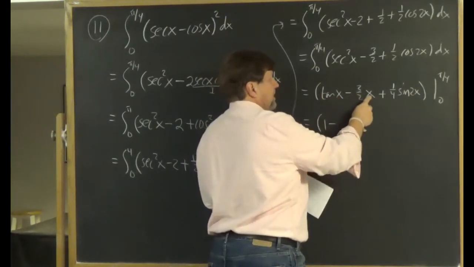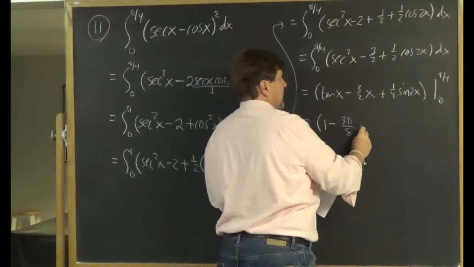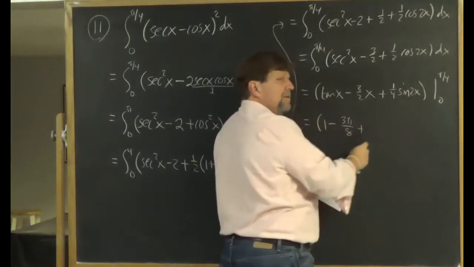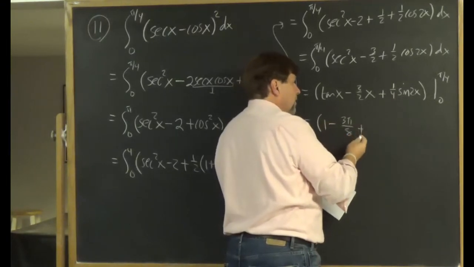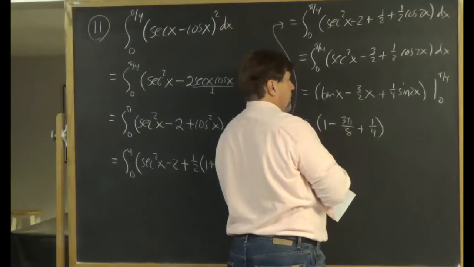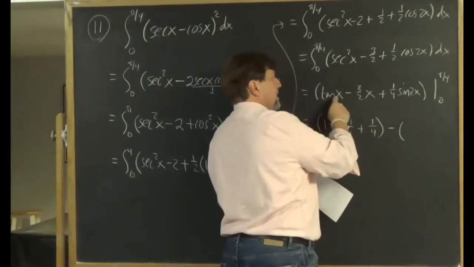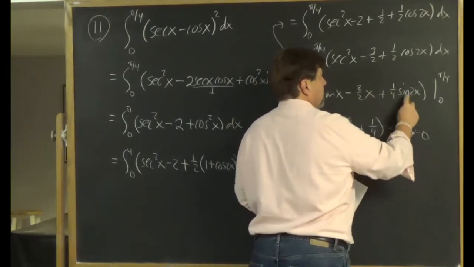Minus 3/2 times pi over 4. Well, that's 3 pi over 8. Plus 2 times pi over 4. 2 times pi over 4 is pi over 2, and the sine of pi over 2 is 1. So 1 times 1/4 is 1/4. Minus, now when 0 comes in, tangent of 0 is 0. 3 times 0 is 0.